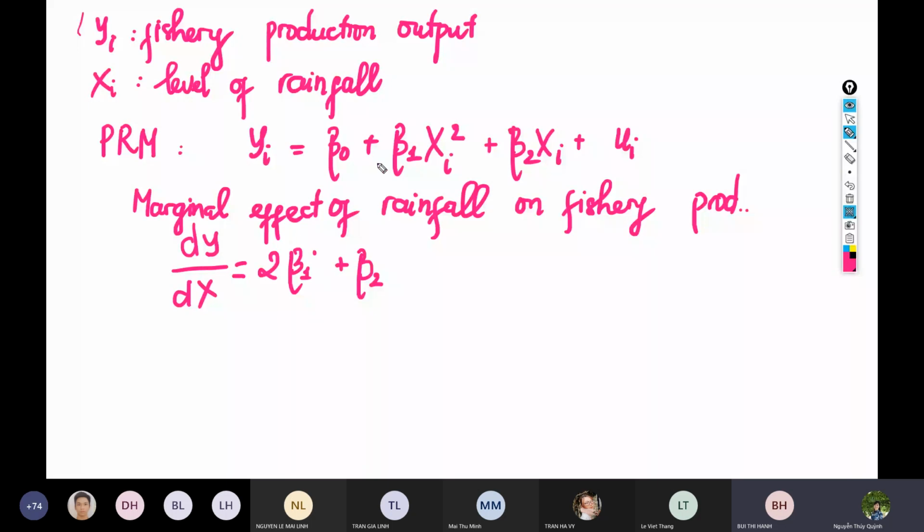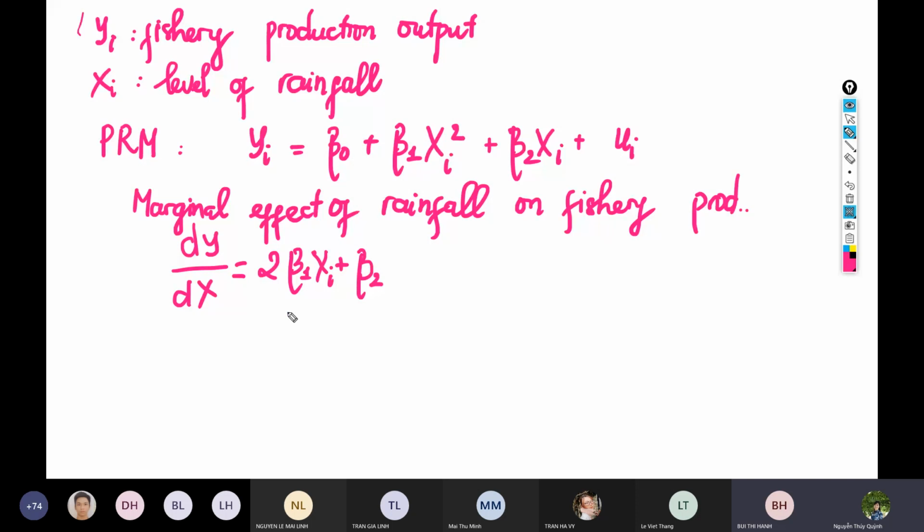It will be 2 times beta 1 and we still have one more term here, xi. Yeah, we still have xi here. That is the marginal effect of rainfall on fishery production.